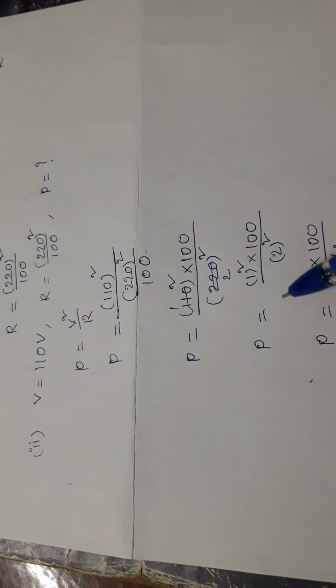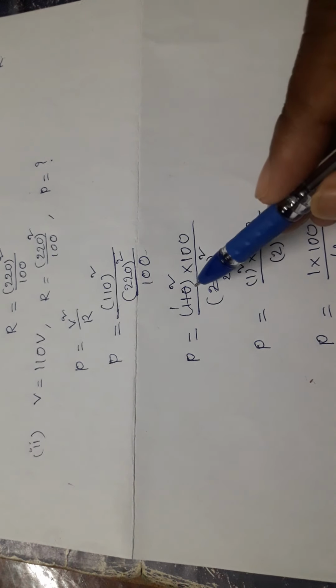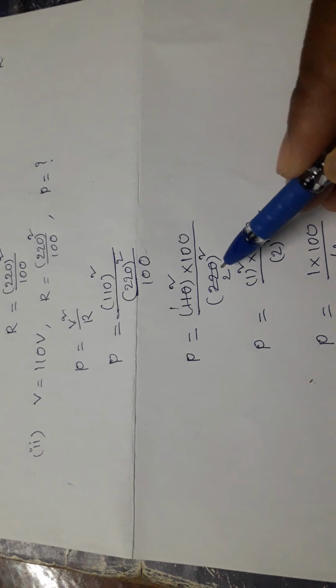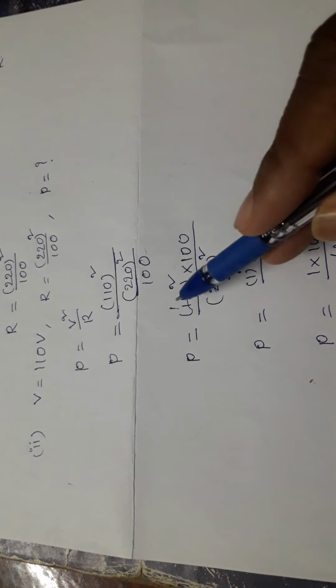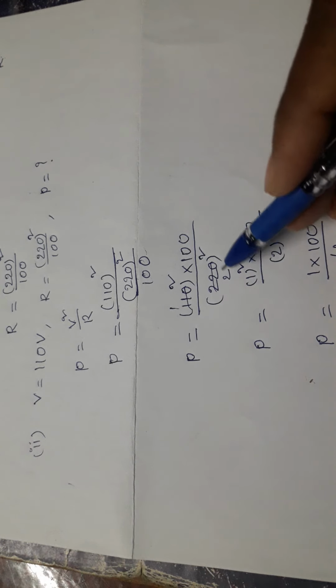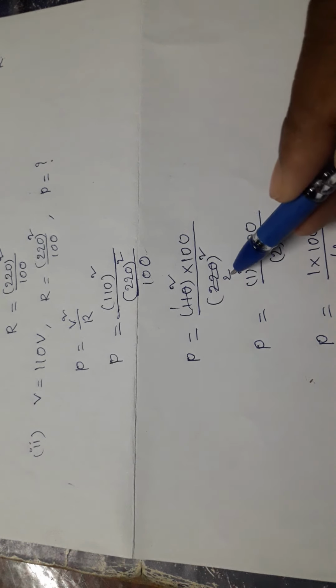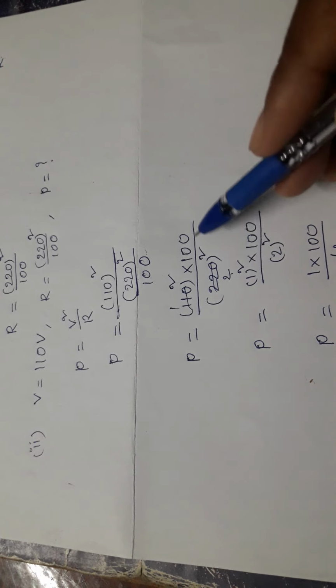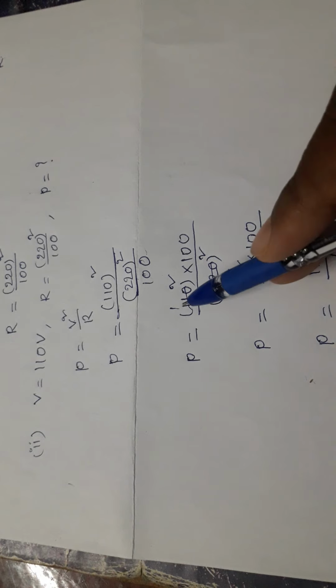So we cancel: 110 ones are 110, 110 twos are 220, so 1 is kept here and 2 is written here.